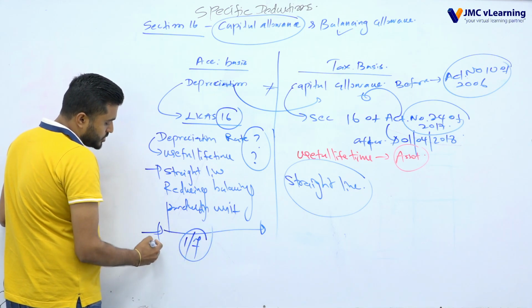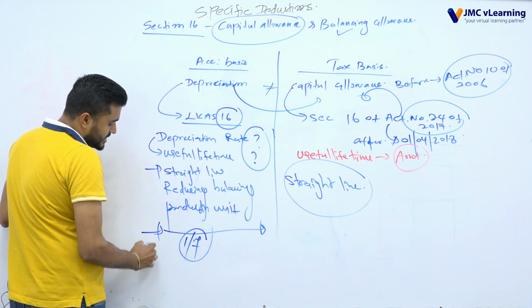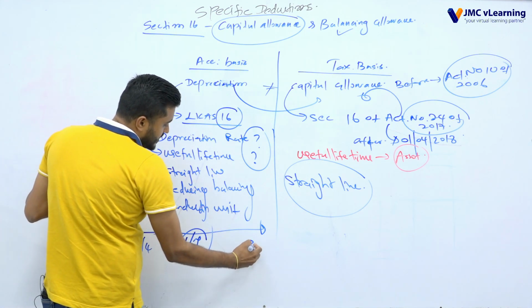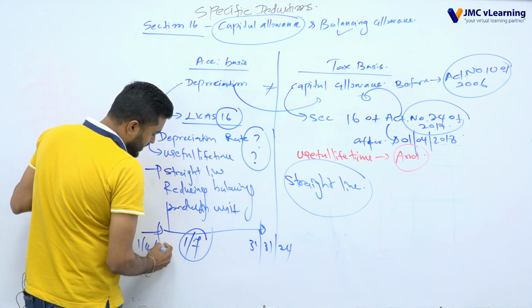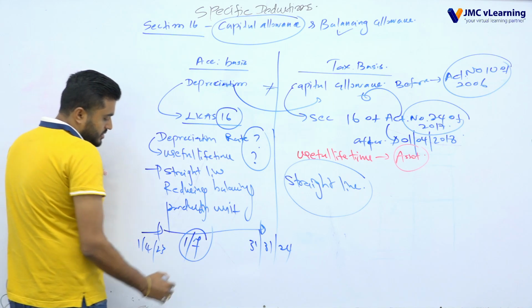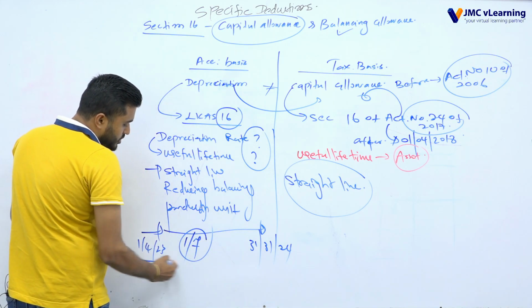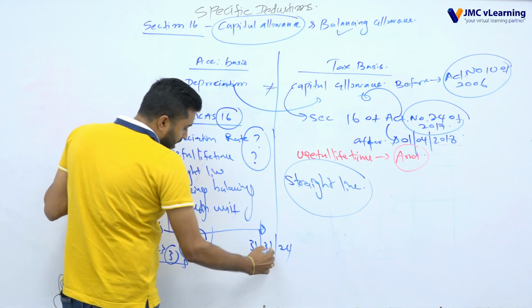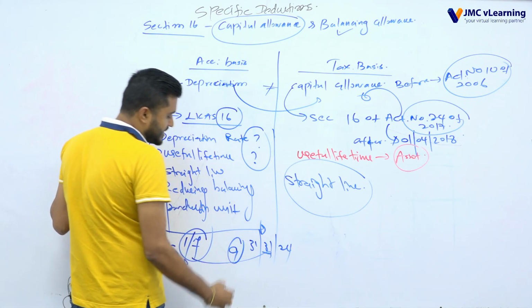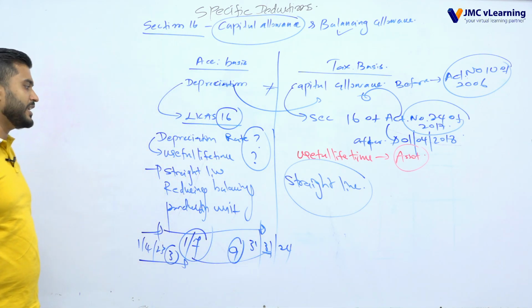My dear students, the year of assessment, let's say 1st of April to 31st March. So from 1st July, you have already 3 months gone. Then for how many months do you get the depreciation? For 9 months for accounting, only 9 months.